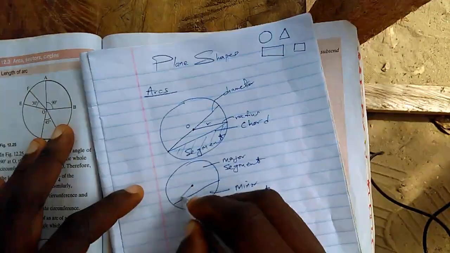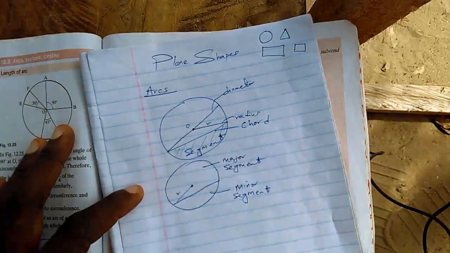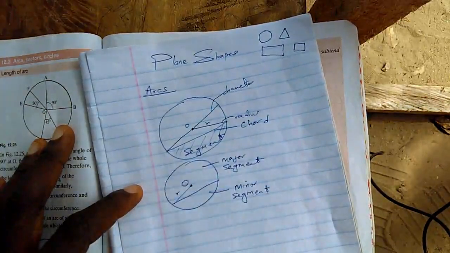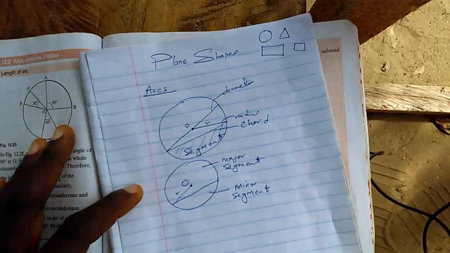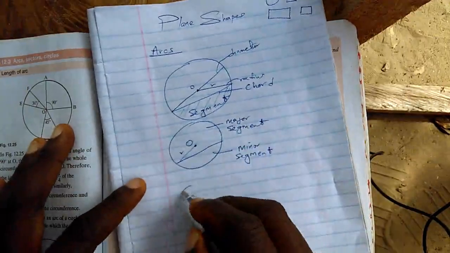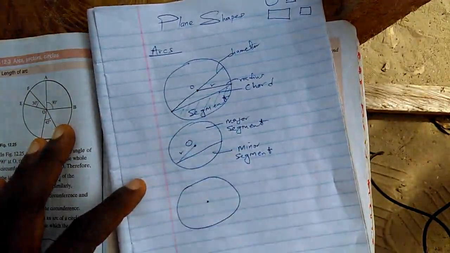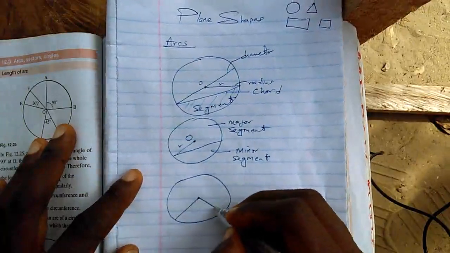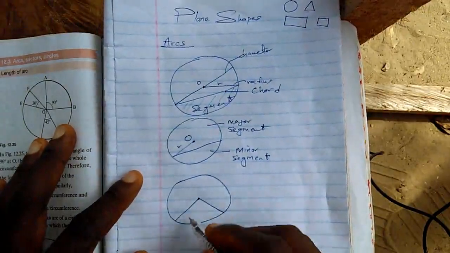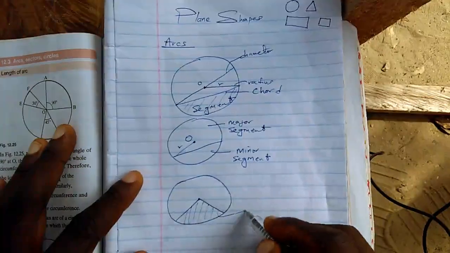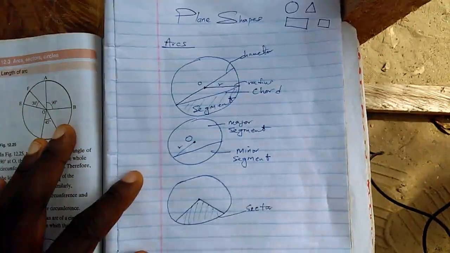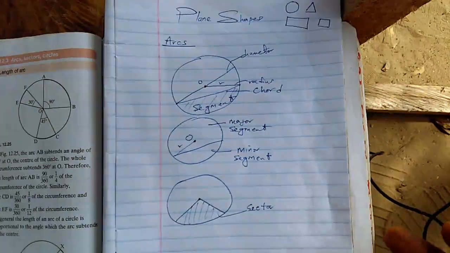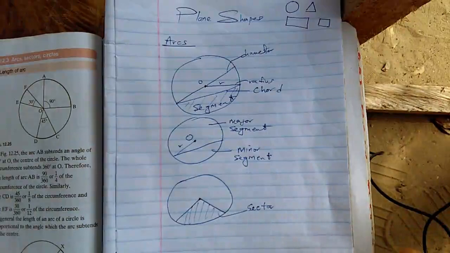Then this is radius r from the center O. From a circle, you can also have what we call sector. When you have a radius this way, another radius this way, this is called a sector. So these are the terms we need to know on this topic.